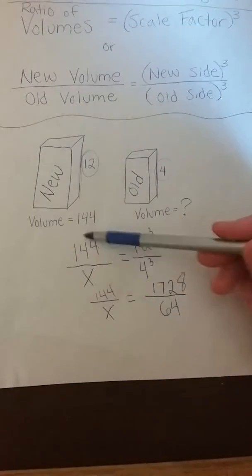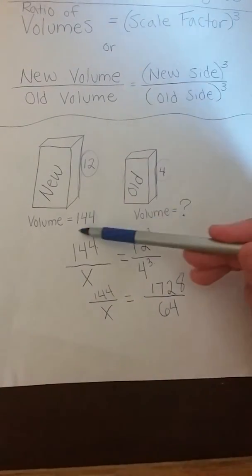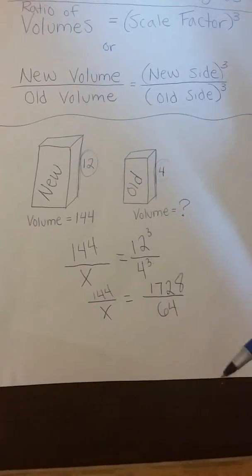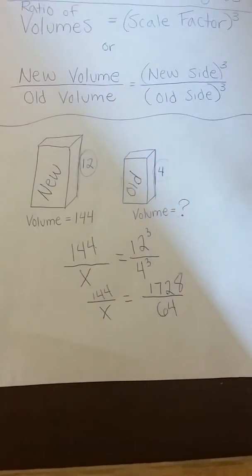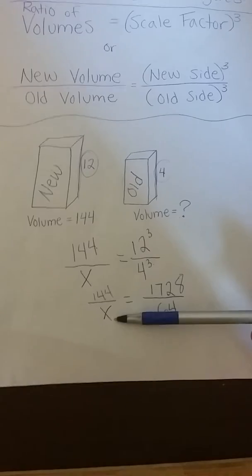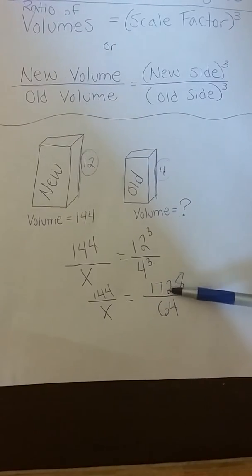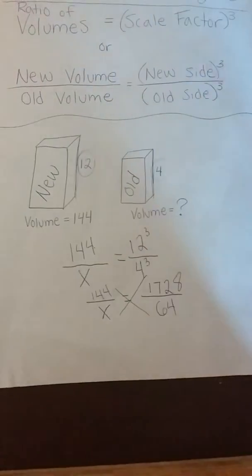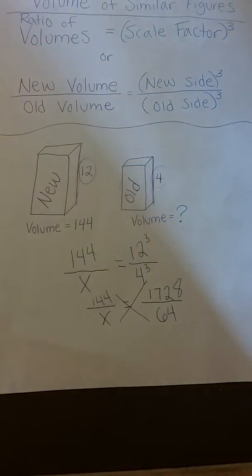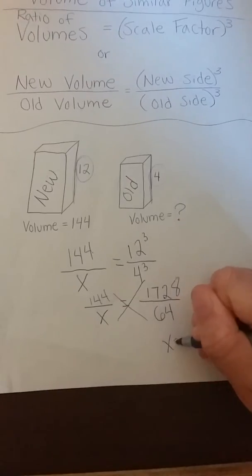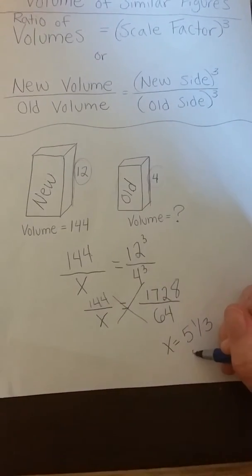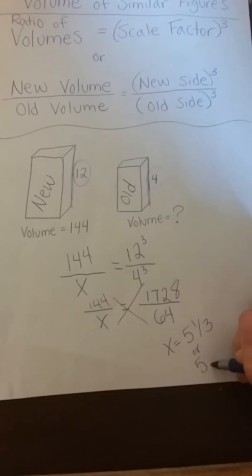I do not cube this side. This side is volume. We don't cube our volumes, we only cube our sides, or our scale factors. So I have 144 over x is 1,728 over 64. Now I cross multiply, and I get that x is 5 1/3, or you could call it 5.3 repeating.